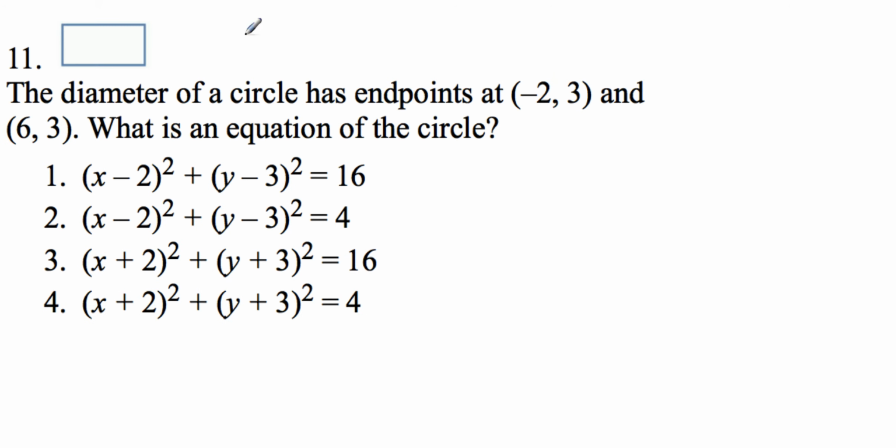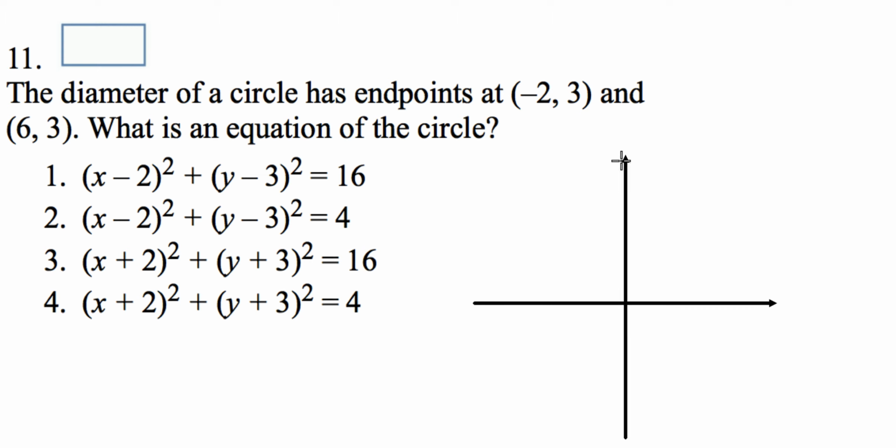Alright, number 11. Diameter of the circle has endpoints here. Now, if I were to sketch this one, let us assume that (-2, 3) is around here, and then (6, 3).